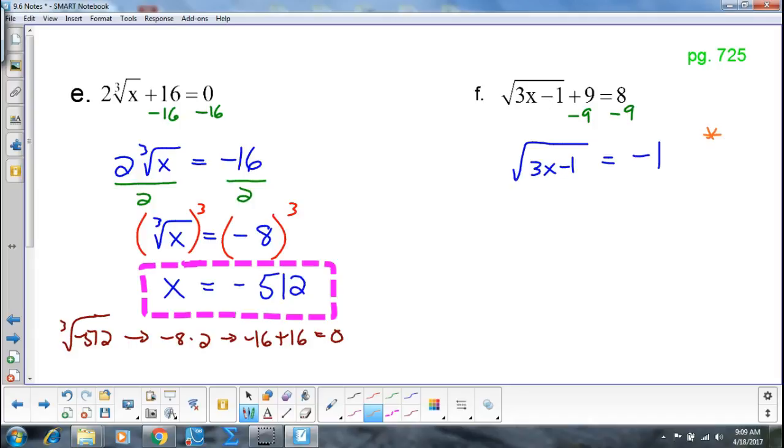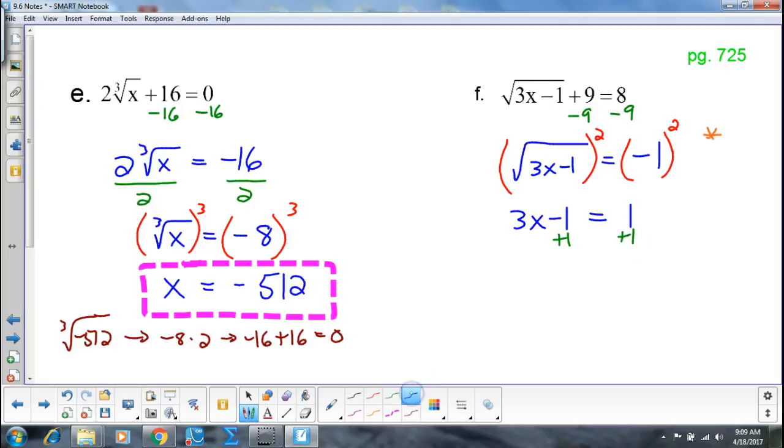Okay? All right, so we square both sides, right? Left side? 3x minus 1. Right side, 1. Then what? Plus 1.